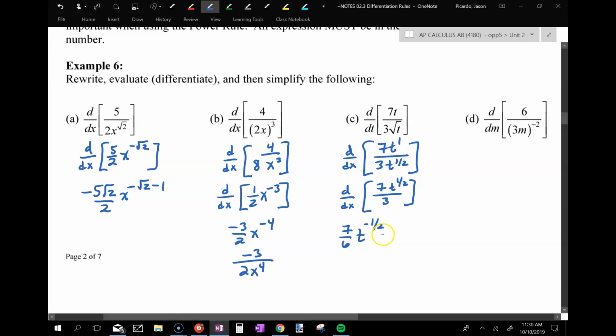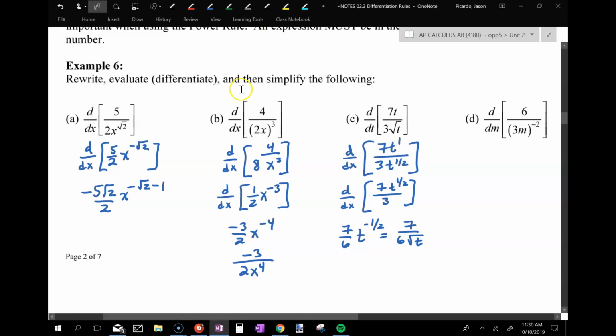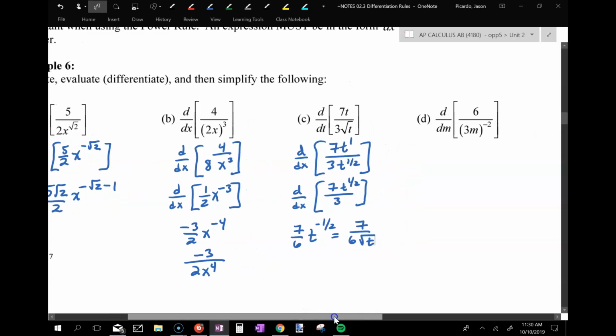Going to see it written like that. Guys, is the power rule hard? Not at all, right? It's the other stuff. It ain't the calculus. Power rule's a piece of cake.